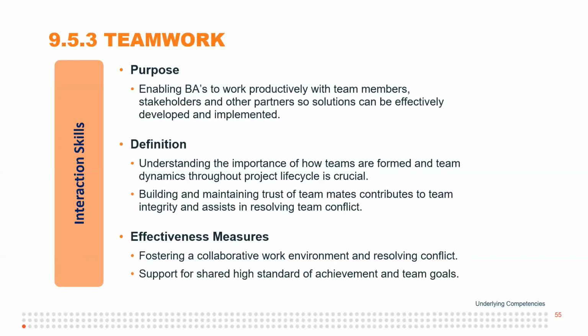So those are the effectiveness measures. And as I say, they're kind of different sides of the same coin, because you need all of these underlying competencies in order to be effective. Or at least you need to have enough of them and then have other people on the team that have the ones you don't have, right? So that works out well.